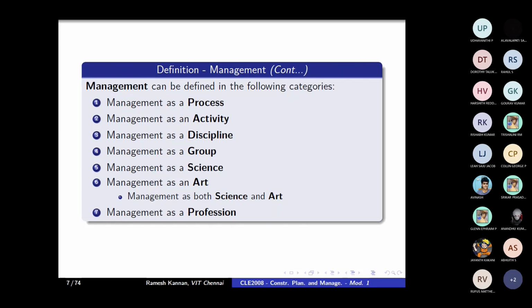So he has good knowledge of the business environment as well as operational research, you can call that. So he knows science, and he is also a unique, bright guy. He has a lot of vision and has done a lot of innovations in Google. So that's kind of an art. He has acquired a lot of knowledge in terms of science as well as art. So that's why people tend to call management both a science as well as an art.